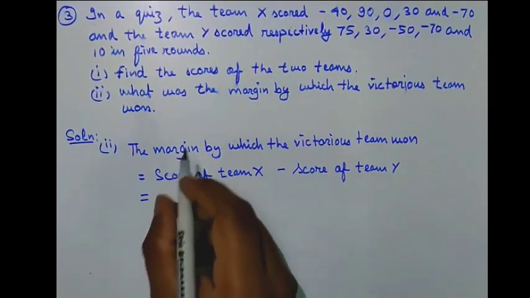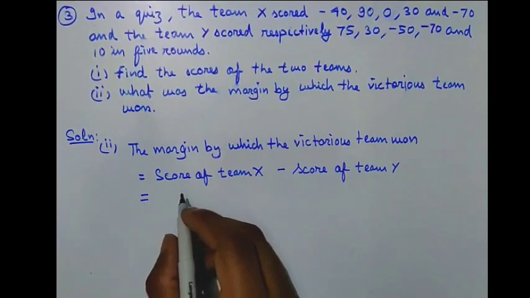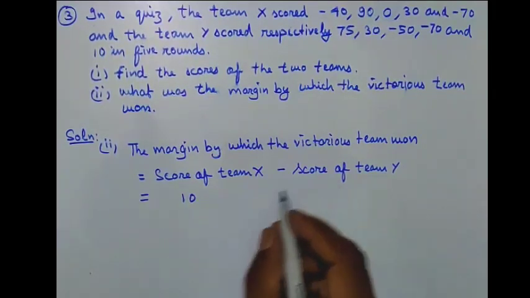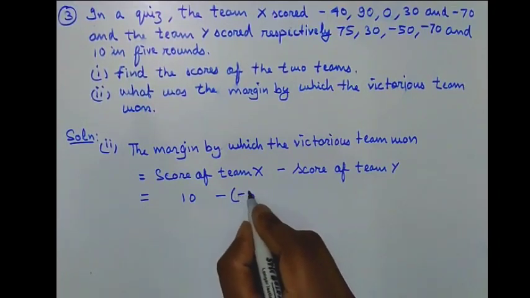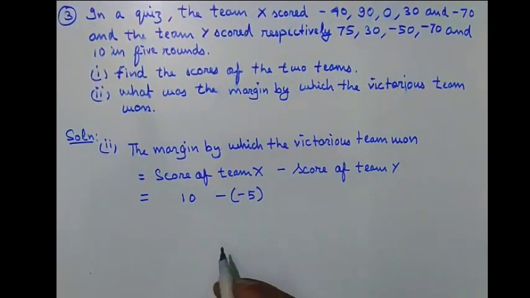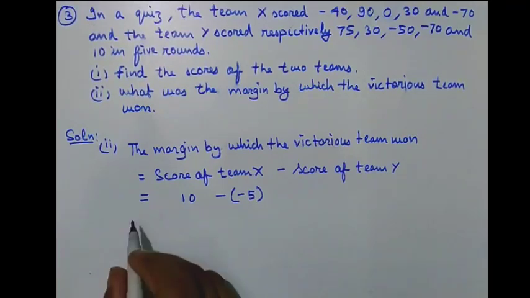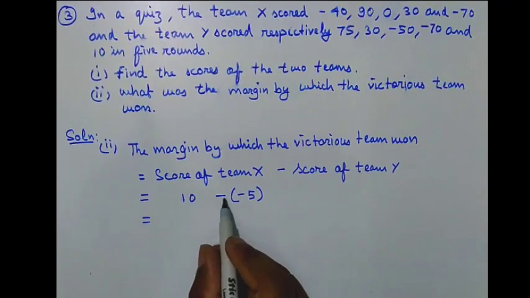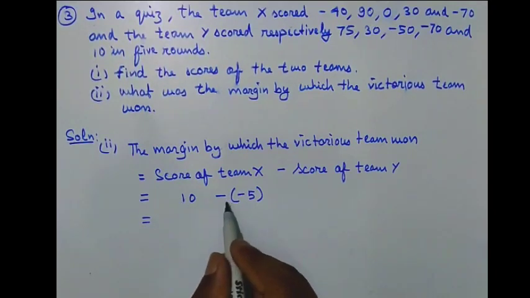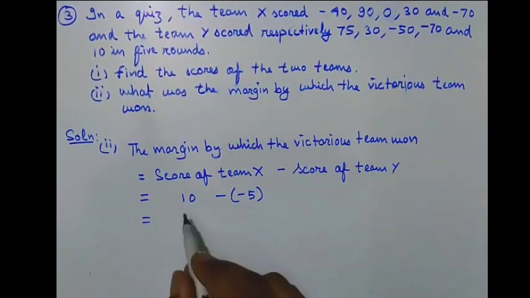That is equal to, what is the score? What was the score of team X? 10, and score of team Y negative 5, right? So we'll subtract and find the difference. Here we have a positive integer minus a negative integer, integers with opposite signs.